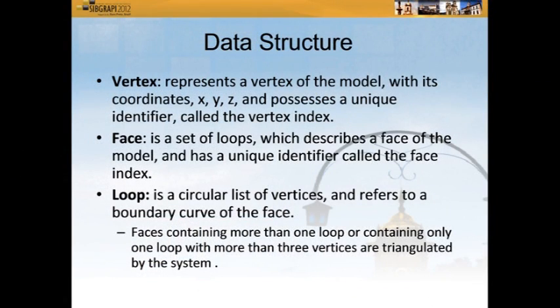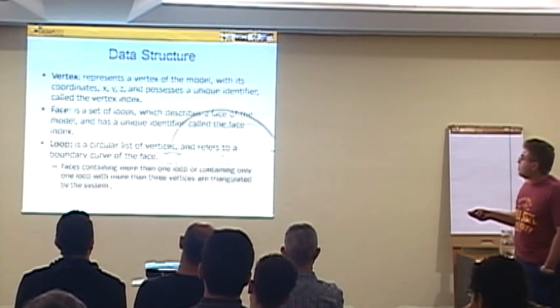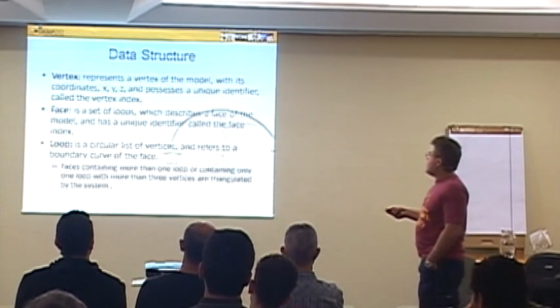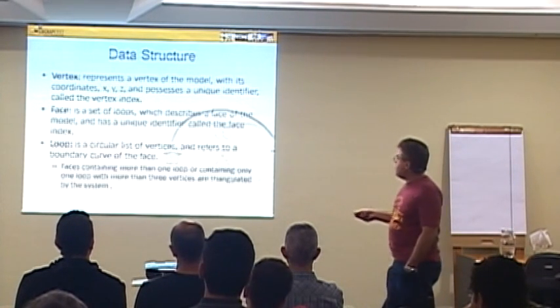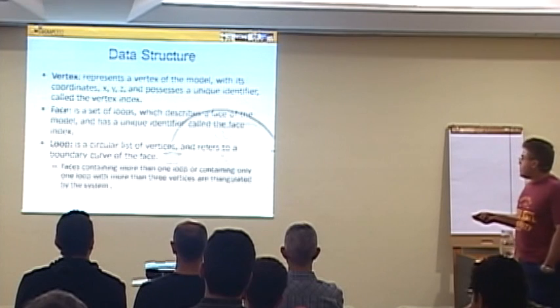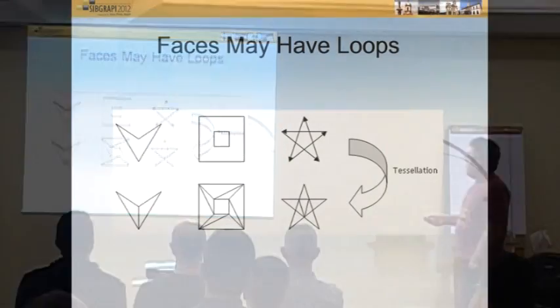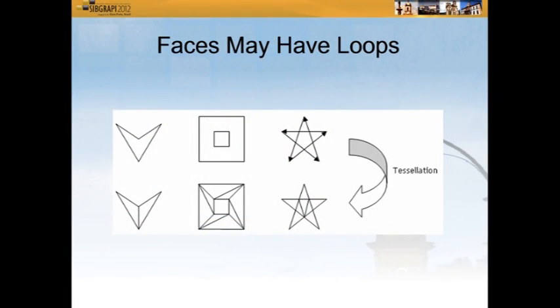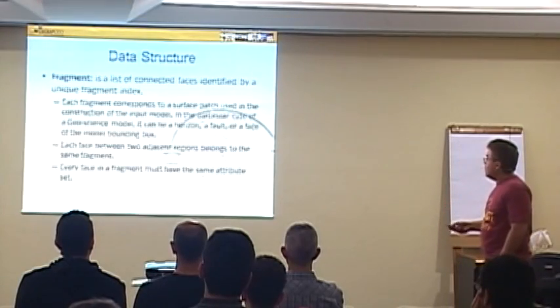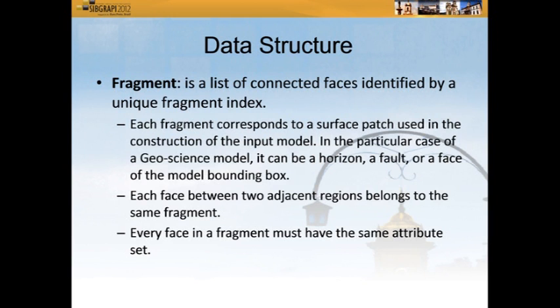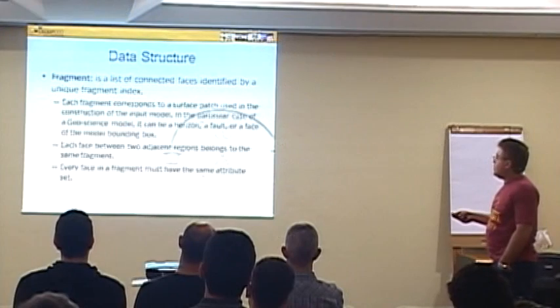So, very quickly, our data structure defines a vertex, the coordinates of each vertex in the model. We have faces described as a set of loops. A loop is just a circular list of vertices. We can have faces with disconnected boundaries, like this one. And a fragment is just a list of connected faces identified by a unique fragment index.